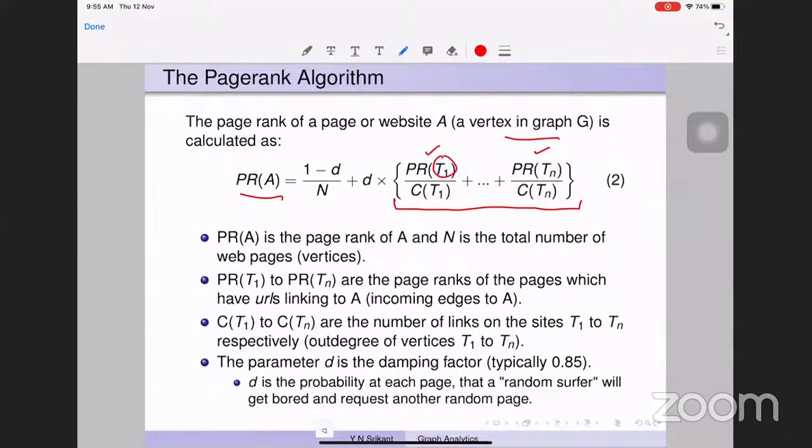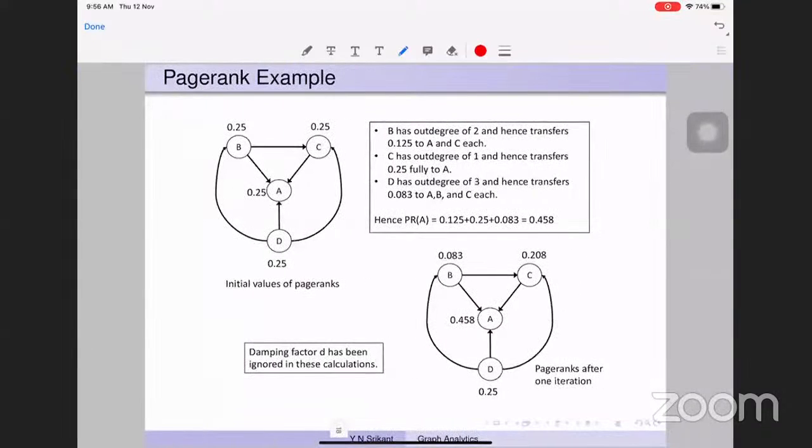So these T1, T2, etc. are all the pages which have URLs linking to A. A is the page for which we want to compute the page rank. So in other words, here is a node, and there are lots of incoming edges here. These are websites again, which when we go to B or C or D and click a link, will take us to A. That is the basic idea.